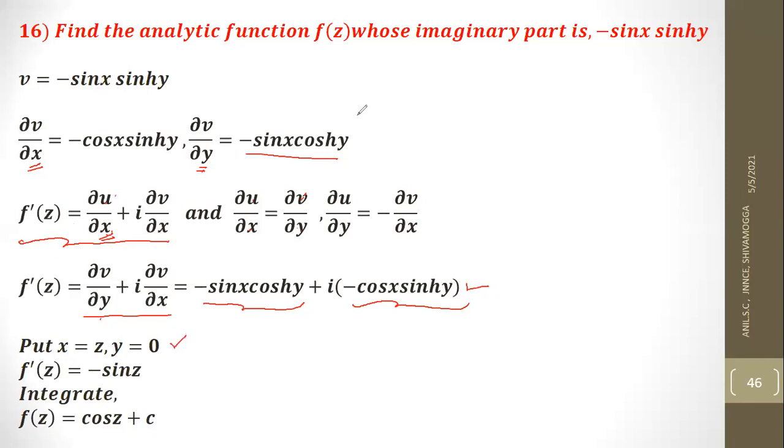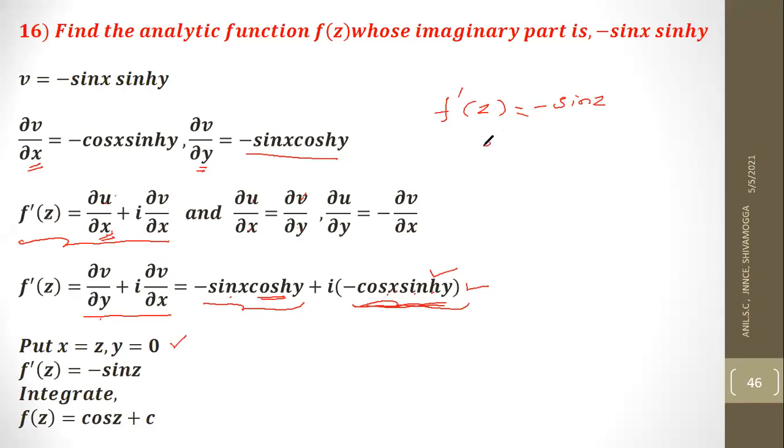Then this expression f dash z is equal to, when x is equal to z and y is equal to 0, minus sin z into cos hyperbolic 0, and cos hyperbolic 0 is 1. Here, this will be sine hyperbolic 0, which is equal to 0, and 0 into anything is 0. Therefore, this entire imaginary part will be 0. Now integrate with respect to z.